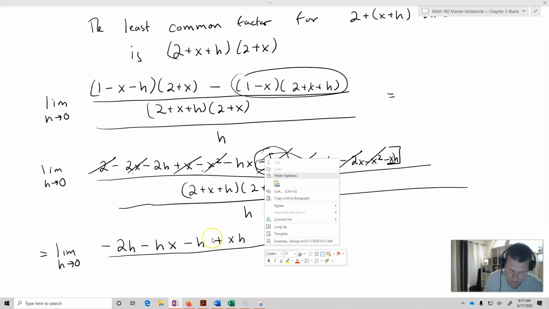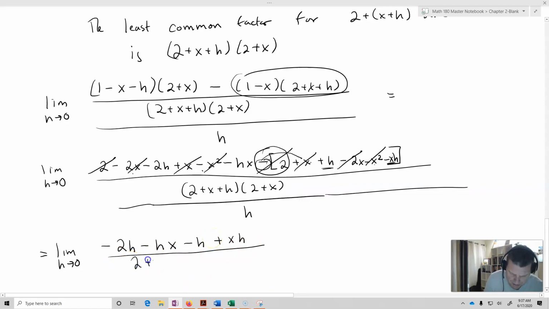And then we're going to divide that through by 2 plus x plus h times 2 plus x divided by h.